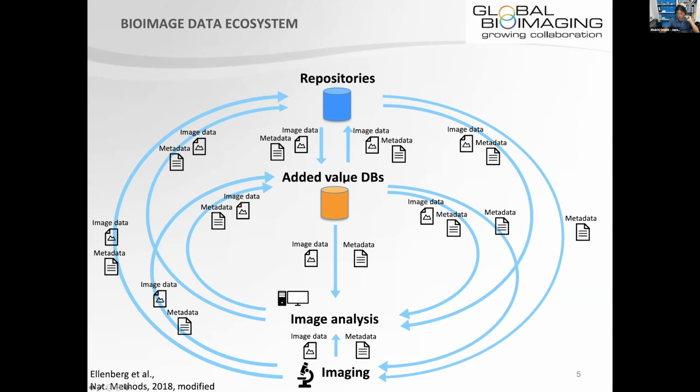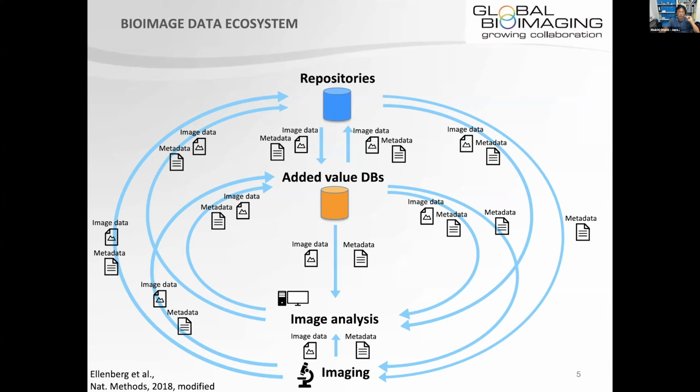But we have a different level of database, that is the added value database. In this database, the more valuable data for reanalysis should be collected. For those data, more rich and detailed metadata is added, so a wider range of people can access and utilize the data more efficiently.